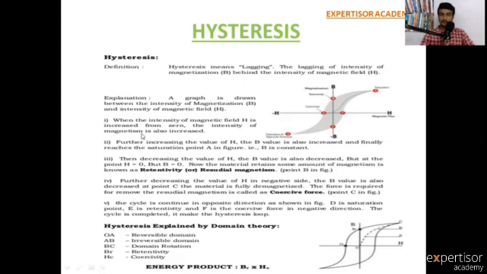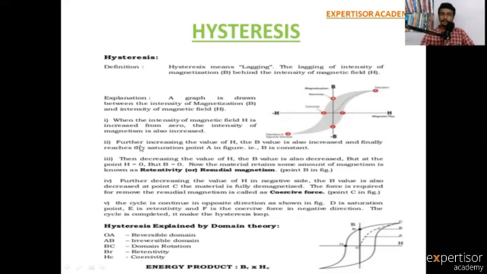So what is the first point? When the intensity of magnetic field is increased from zero, the magnetization is also increased. Look at the point here. As H is increased, automatically B also increases. Coming to the next point.